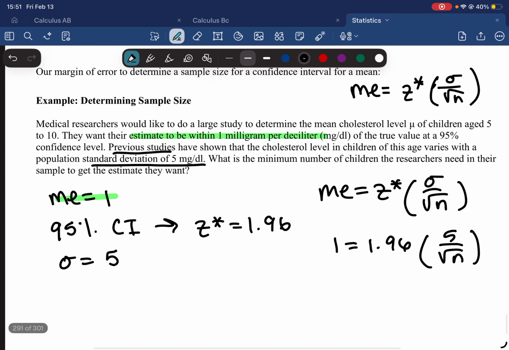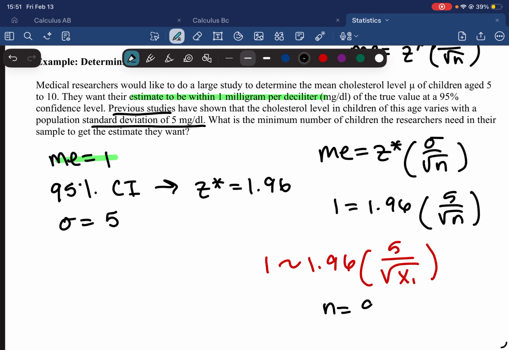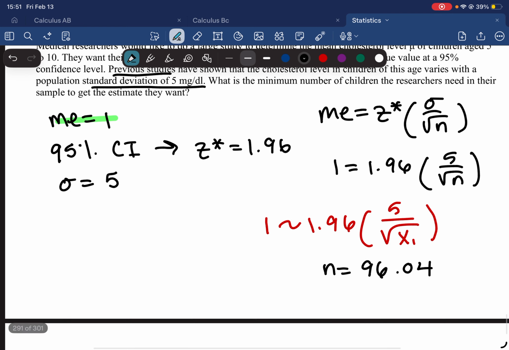On Desmos, we can use our insolve feature, so I would write this as 1 tilde 1.96 times 5 divided by the square root of x sub 1. And it would give me a value of 96.04, which we always round up.